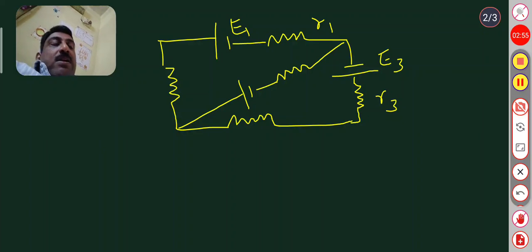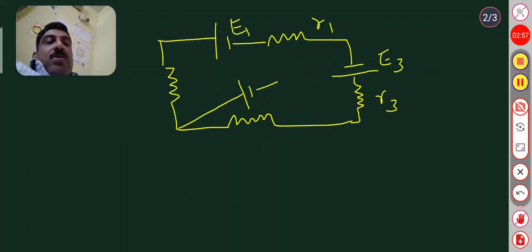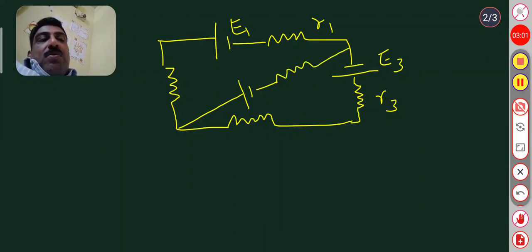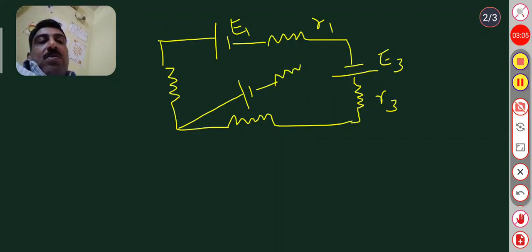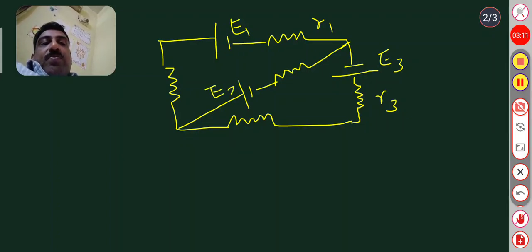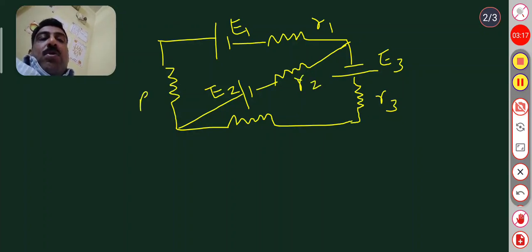This is your E2, and this is your R2, and this is your R4, and this is R5.